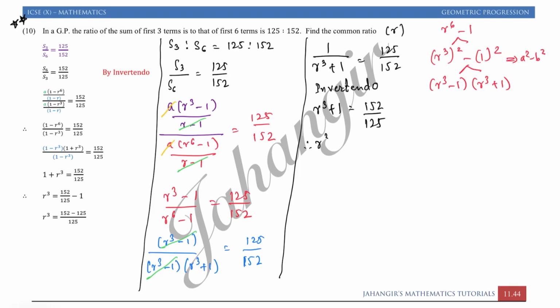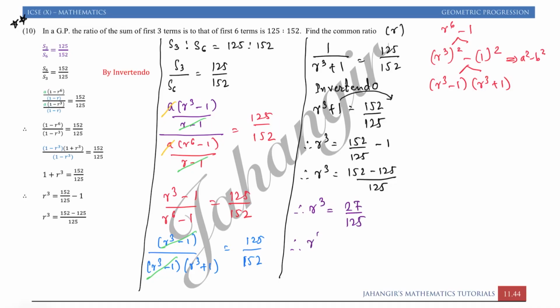So therefore r cube is equal to 152 upon 125 minus 1. We can shift 1 to the other side. So therefore r cube is equal to 152 minus 125 upon 125. Subtracting, you get r cube is equal to 27 upon 125.